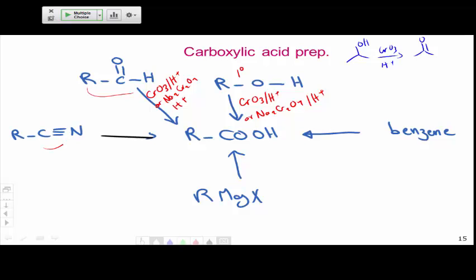Going from nitrile to carboxylic acid, it's a hydrolysis reaction, either by adding H3O+ and heat or OH- aqueous and heat. But to prepare the nitrile, I should start with an alkyl halide with CN-. What are the limitations in here?